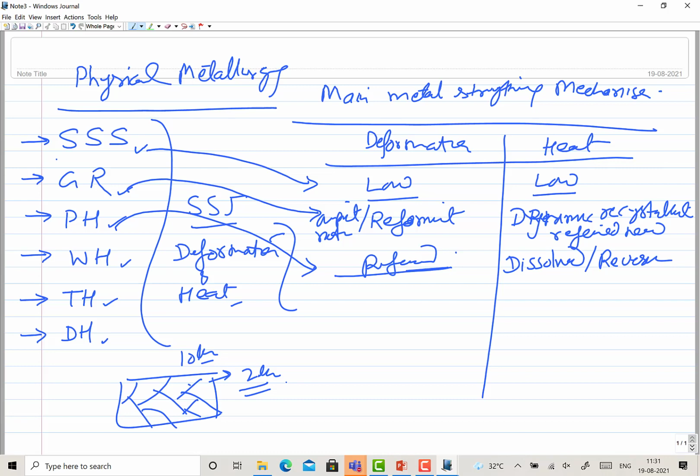So in a nutshell, here you are getting refinement, but at the same time your precipitates are getting lost. So the precipitation hardening metals sometimes lose their strength and hardness, and the joint interface tends to be weak as compared to other metals like work hardening metals or transformation hardening metals.